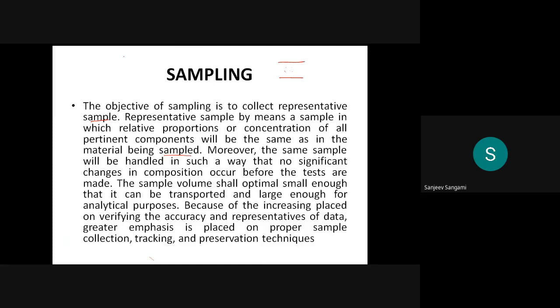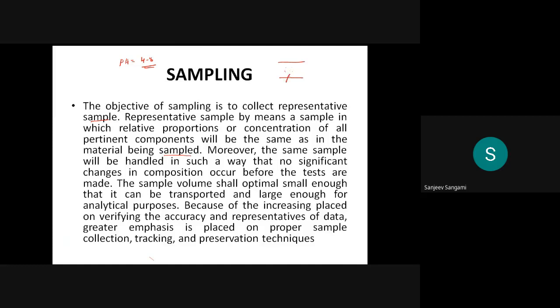Whenever you are taking sewage samples, some standard characteristics are already determined. For example, pH is one parameter. The pH of sewage will always be in the range of 4 to 6.